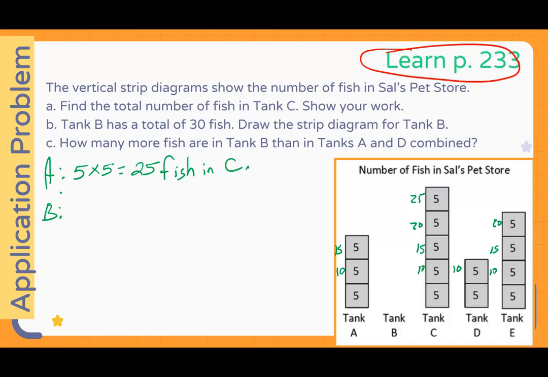Okay, now let's look at B. B says that he has a total of 30 fish. So I need to count to 30 by 5. So 5, 10, 15, 20, 25, 30.